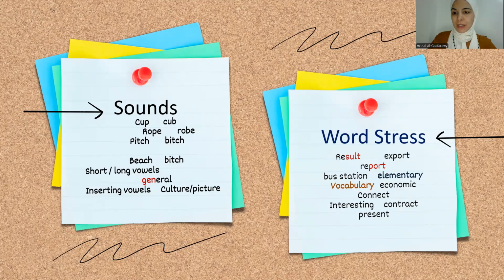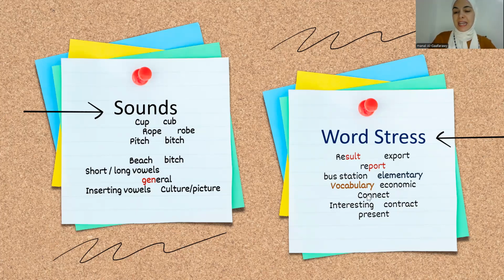So in British English, it's vocabulary, while in American English, it's vocabulary. So this does not by any means lead us to generalize that any adjective or any word or any noun that has ARY in American English should be pronounced as airy.